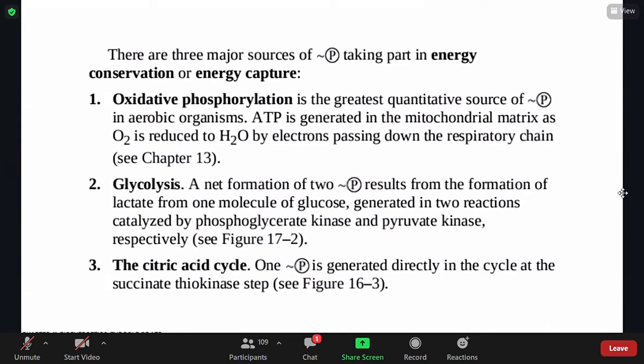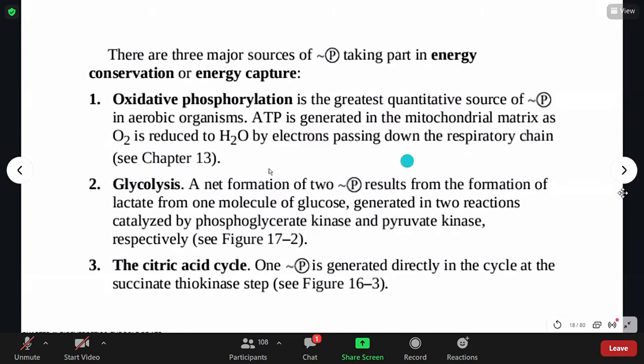In our schedule, we will be talking about respiration, the block on respiration, physiology and biochemistry. So this is the respiratory chain or electron transport chain.